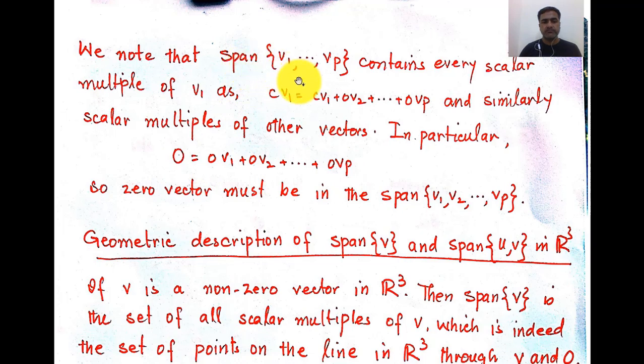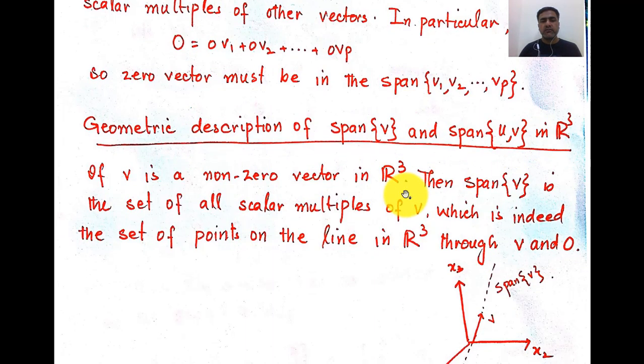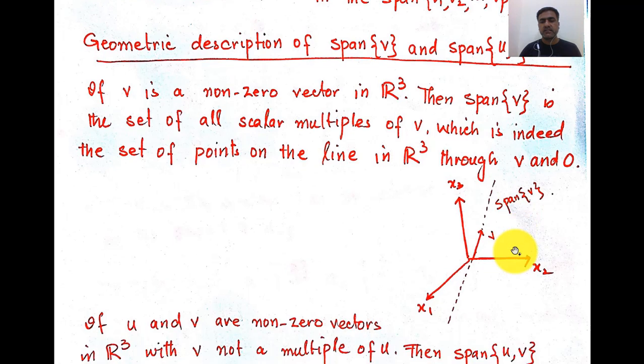element of this set. Now we provide a geometric description of span of a single vector and span of two vectors in R3. So if V is a non-zero vector in R3, then span of V is the set of all scalar multiples of V, because we know that span of V will be given by C times V, where C is a scalar, which is indeed the set of points on the line in R3 through vector V and origin, as described here.